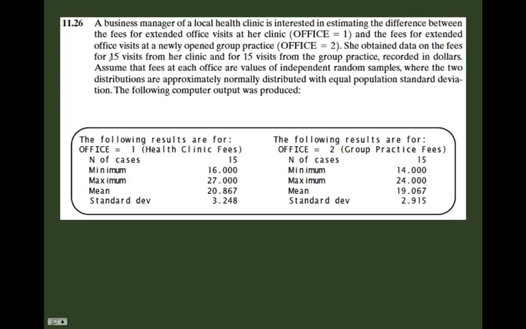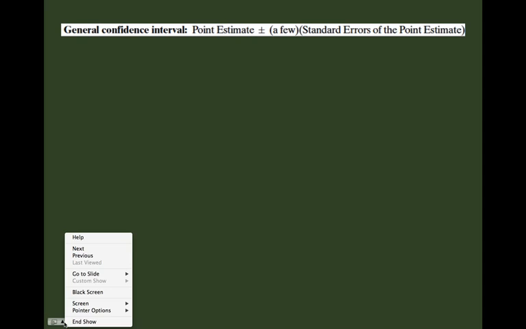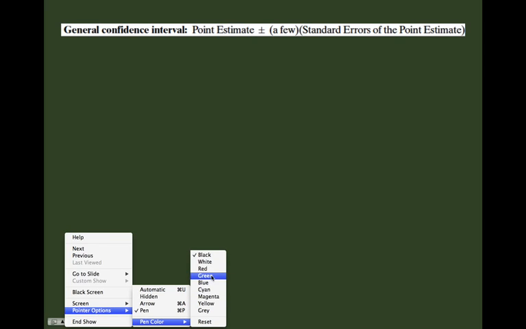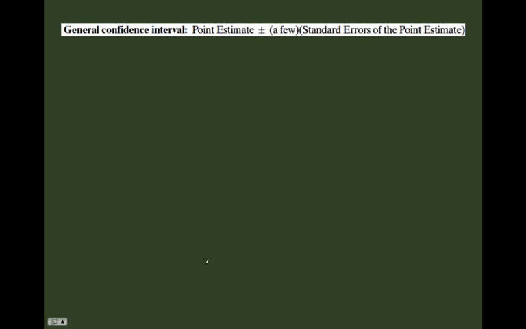Let's talk about the general form of this confidence interval for a minute. We have our point estimate. In this case, the point estimate is for mu1 minus mu2, so our point estimate for that difference is x bar 1 minus x bar 2.